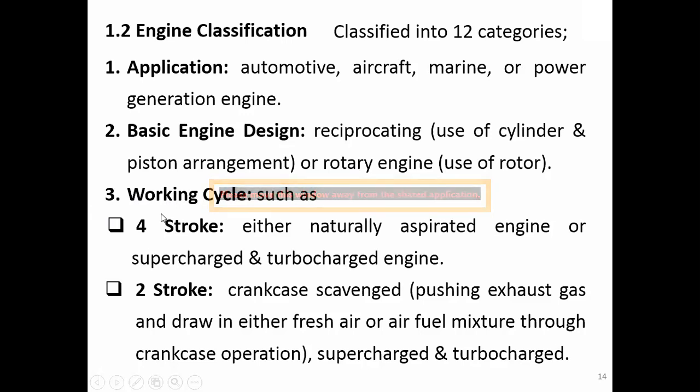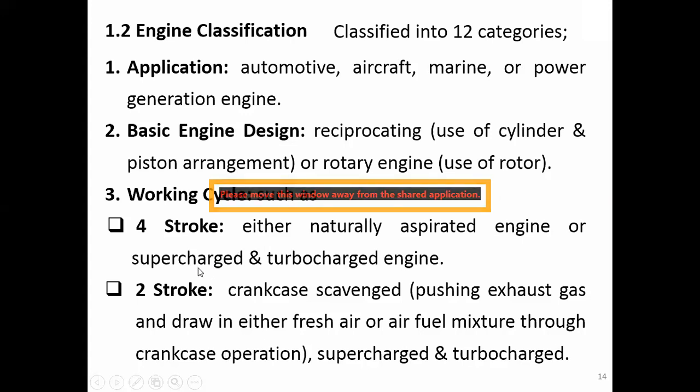We can have either 4-stroke engines or 2-stroke engines. And for the 4-stroke engine, we can have the engine draw the air by itself, which is called naturally aspirated engine, or we have some device to help the engine to draw the air into the engine. This is called the supercharged or the turbocharged engines.